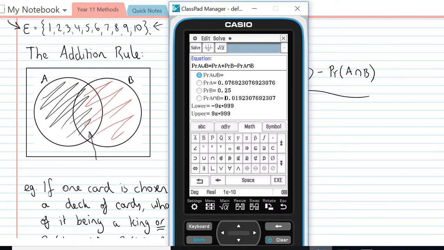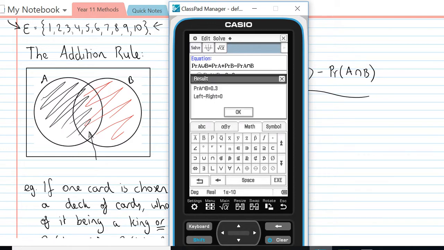And the great thing here is that if we want to find one of the other numbers, so let's say we want to find the value of the intersection, then we can just change the one that we're looking for, and we might have probability of A being 0.5, probability of B, I might make that 0.6, let's just see how this goes, and the union can be 0.8.